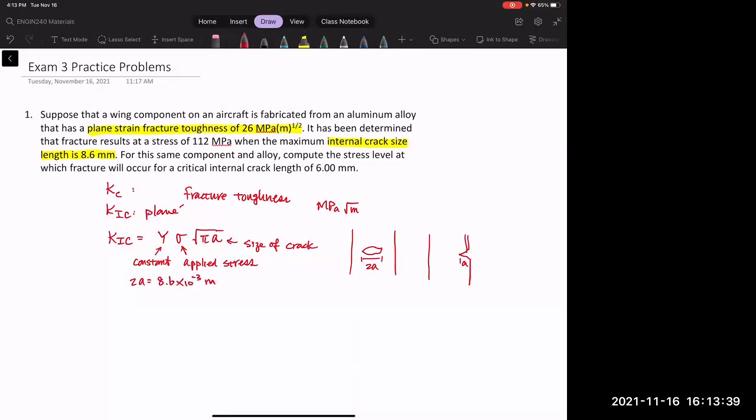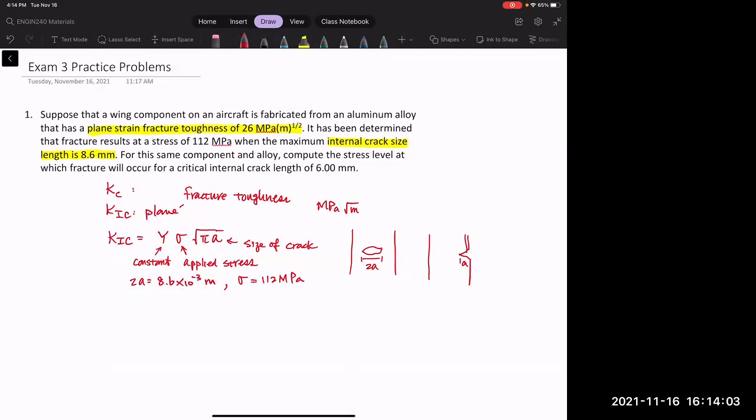That is what's given to you. What else do they give you? They give you a stress of 112 megapascal, and the maximum internal crack size is 8.6 times 10 to the negative 3 meter. So sigma is equal to 112 megapascal.